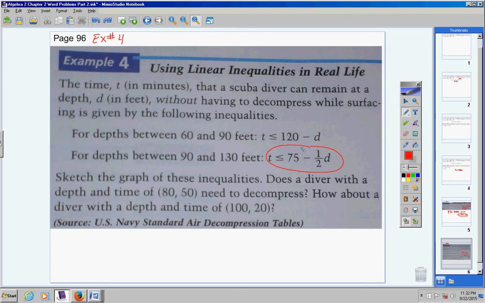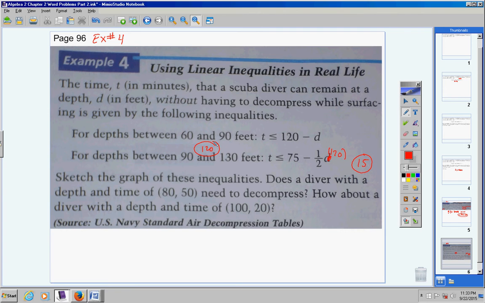This model here is for 90 to 130 feet. So let's say you stayed down at 120 feet. For d right here, you put 120. Now, 1/2 times 120 is 60. 75 minus 60 is 15. So at 120 feet, the most you can stay there is 15 minutes. 120 feet is way down there.